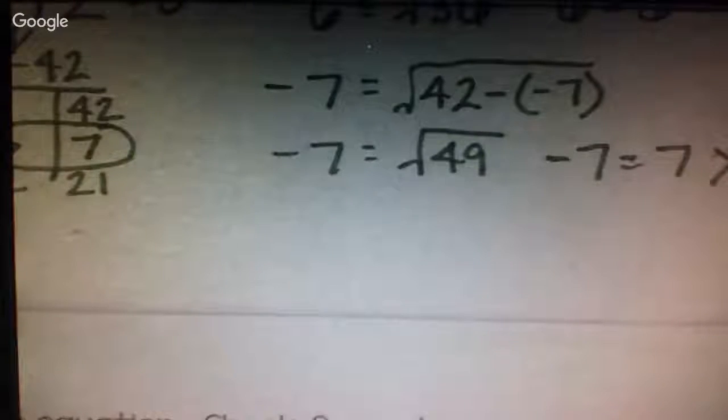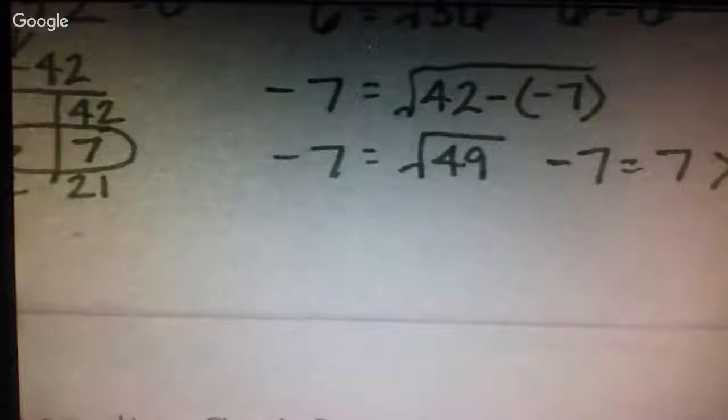Wait, I don't get it. Negative 7 squared. Oh my goodness. He's saying that if I have this, to get rid of this, I could square this side and that leaves me with 49. And then if I square this side, it's 49.